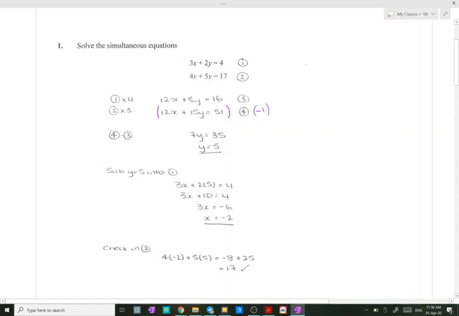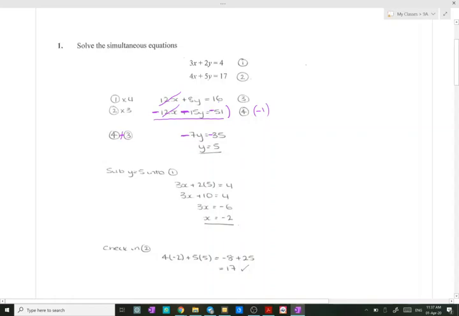So now I get minus 12x minus 15y equals minus 51. Adding them up, 12x minus 12x is 0x, and 8y minus 15y is minus 7y, which is equal to 16 minus 51, which is minus 35.